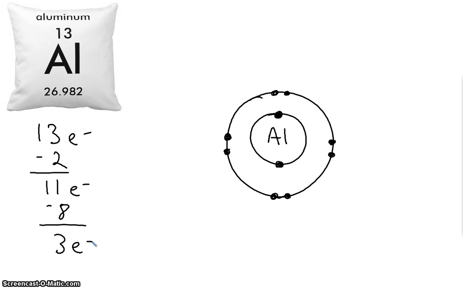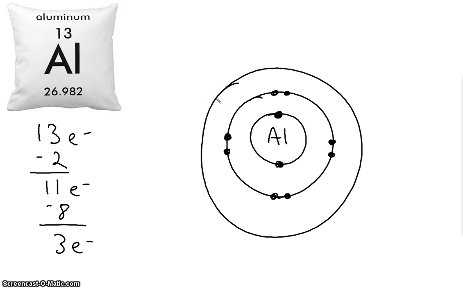Well, that means we're going to have to add the third energy level. And let's add 3 electrons. 1, 2, 3. So aluminum has 3 valence electrons, and this is how we represent the Bohr model of the atoms.